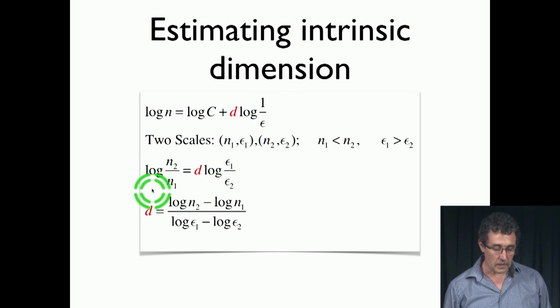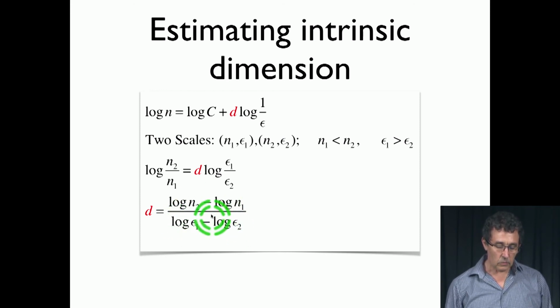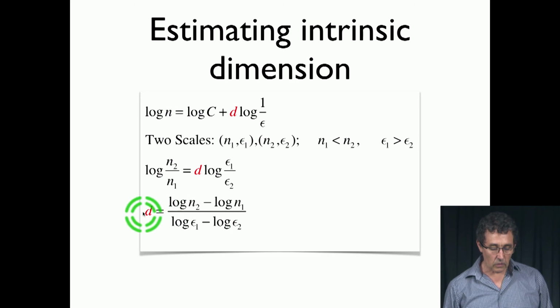So we have that the log of the ratio of the n's is d times the log of the ratio of the epsilons. If we rearrange this, we get that d is equal to log n1 minus log n2 divided by log epsilon 2 minus log epsilon 1. And that can be our estimate of the dimension.